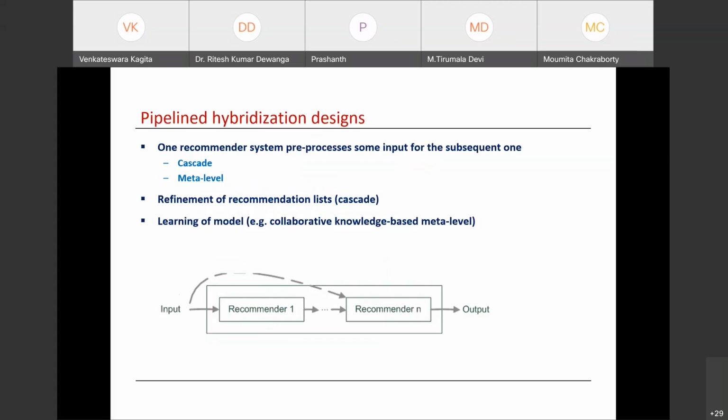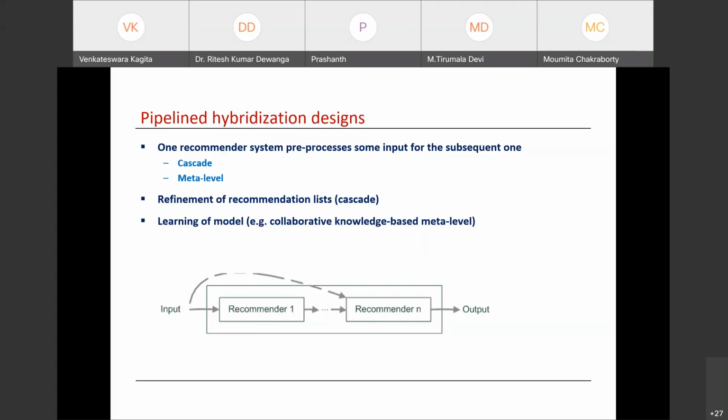And the other one is the pipeline hybridization design. It means the output of recommender system 1 is given to recommender system 2. Every recommender system is making finer and finer recommendations. At the first step, you may recommend 100 items.